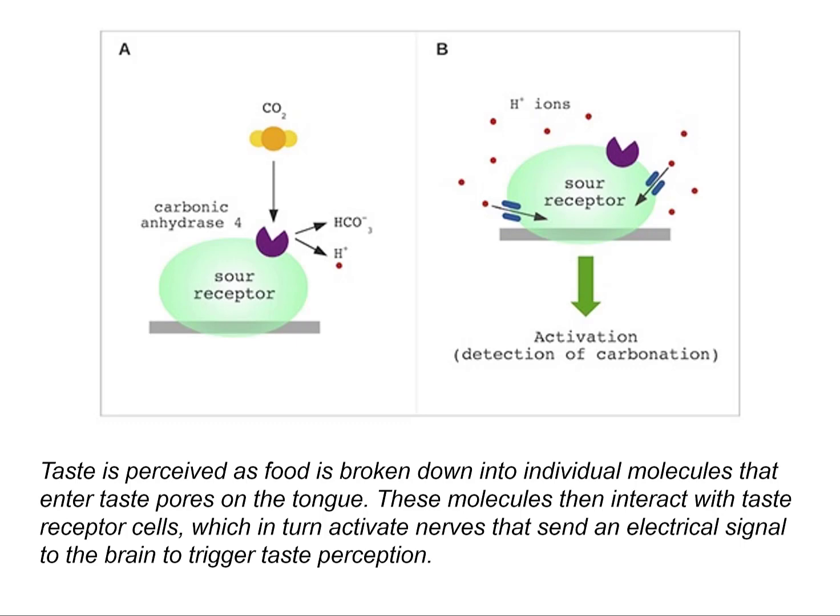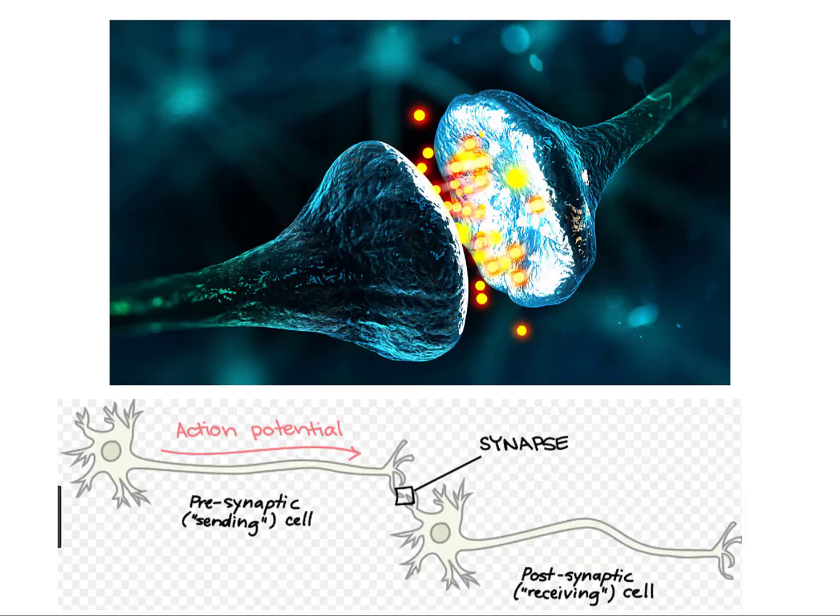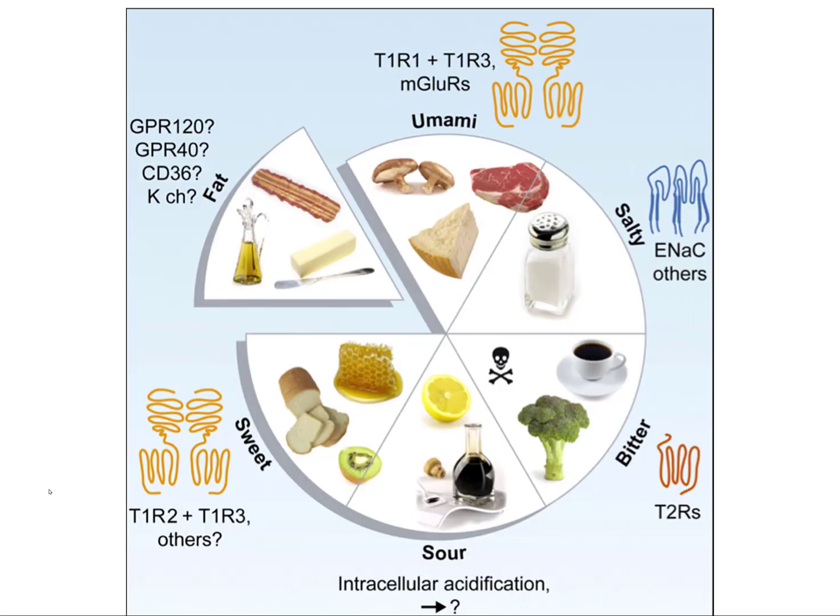As a result, the neurons fire, and the information through the synapse goes eventually to the brain. And then we can determine, oh yes, these receptors, oh, that was salty, bitter, could be a combination of these.